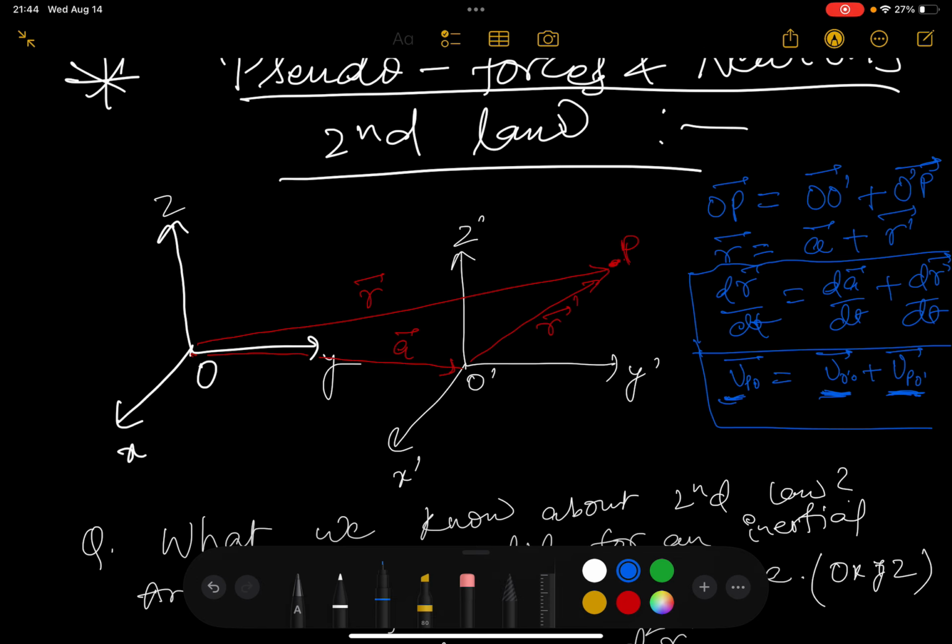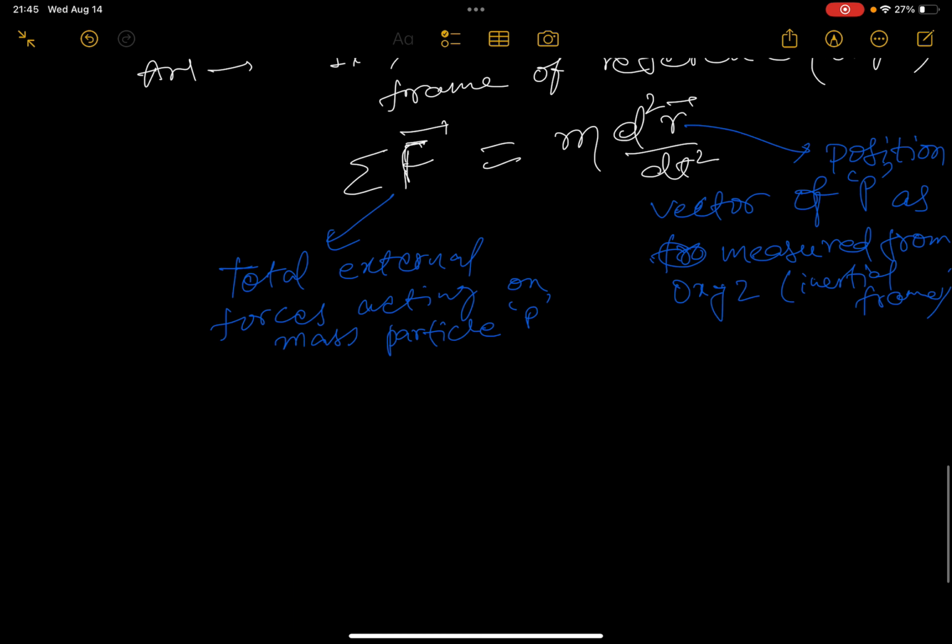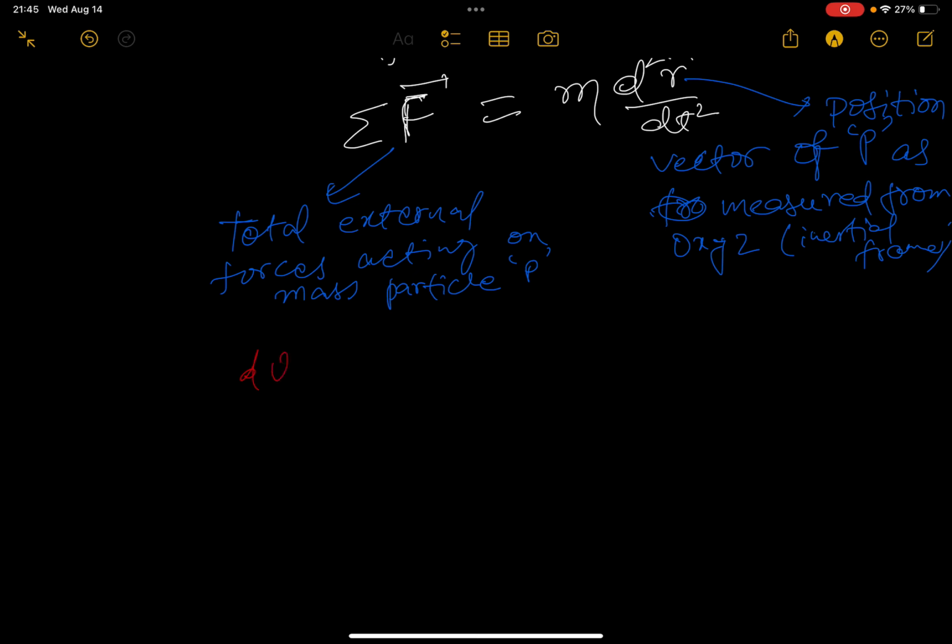And when we take one more derivative, in that case dVPO by dt will equal dVO dash O by dt plus dVPO dash by dt.